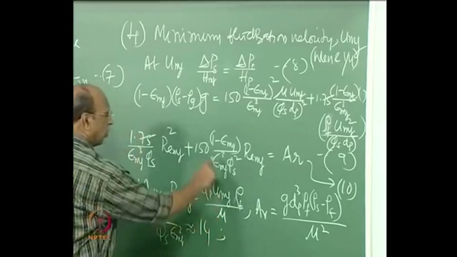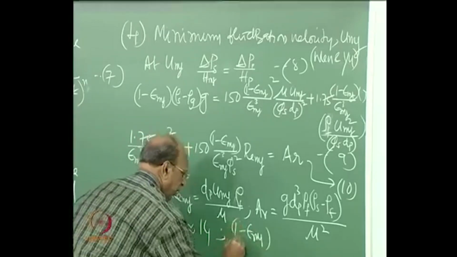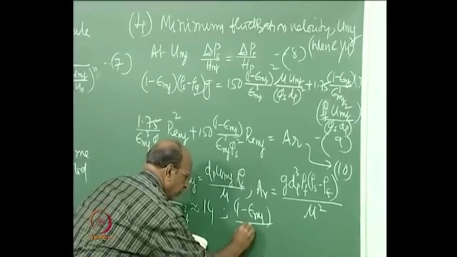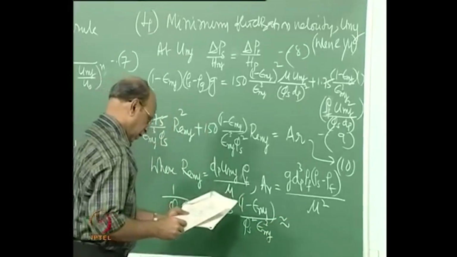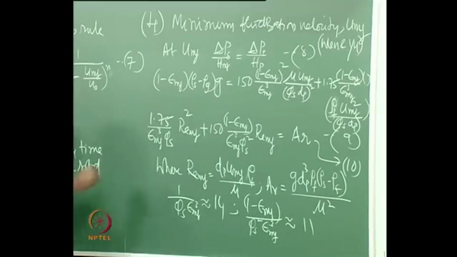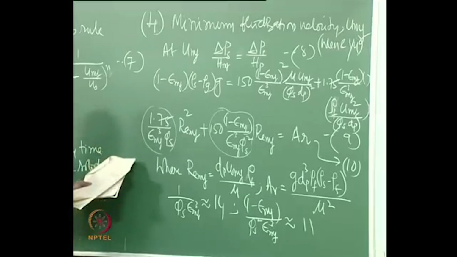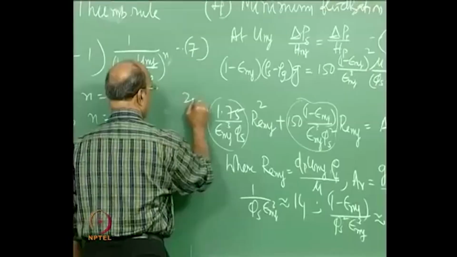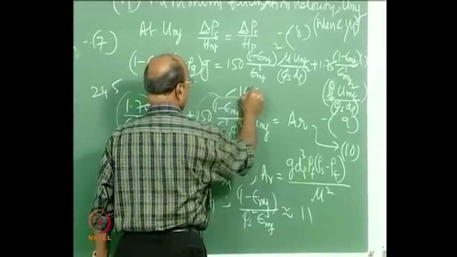And the other group, that is 1 minus epsilon mf divided by phi s square epsilon mf cubed, is approximately 11. So then this constant will become how much? This will become 24.5 and this becomes 1650, correct?